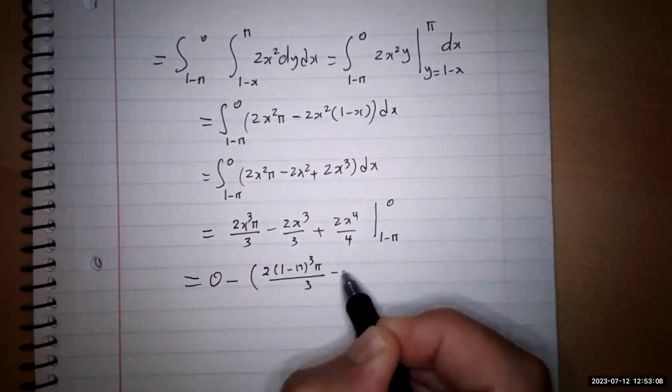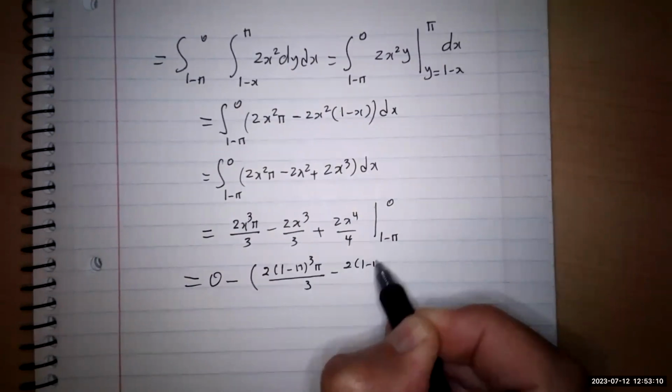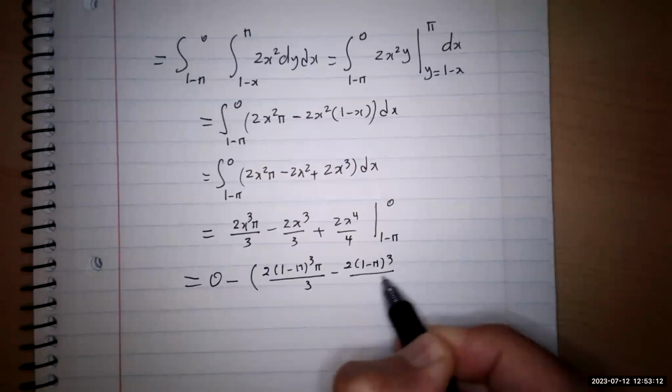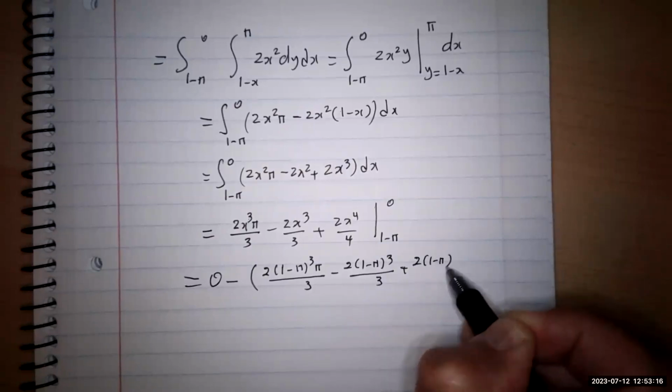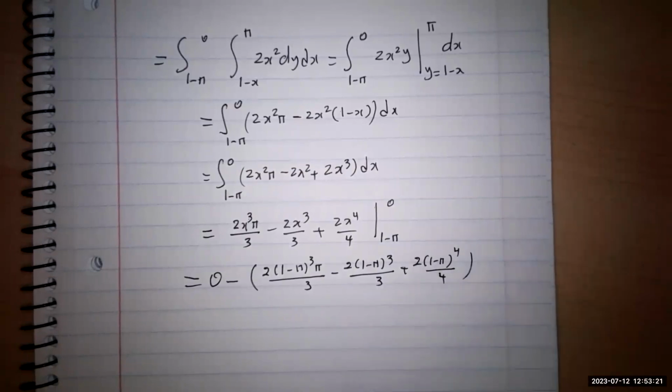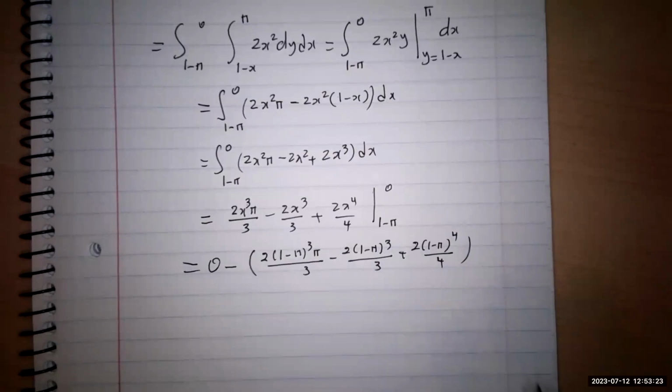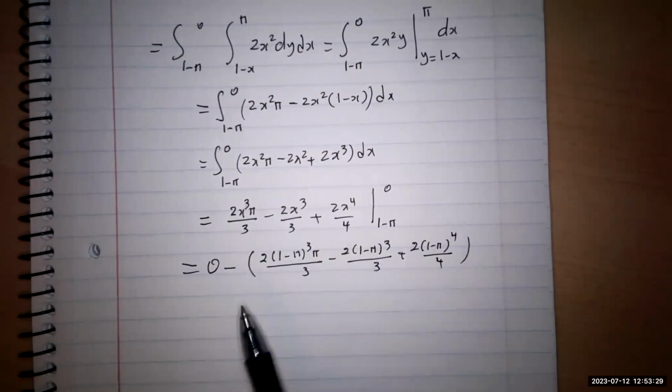That's the first part, minus 2 times 1 minus pi cubed over 3, and the 2 times 1 minus pi to the 4th over 4. Okay, you can use your calculator. But if you want to do the algebra, you better pull out 1 minus pi cubed and then simplify it.